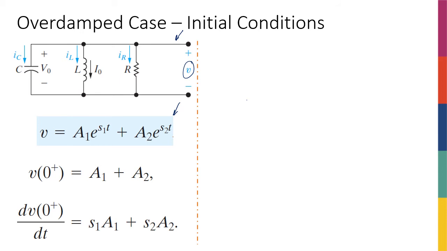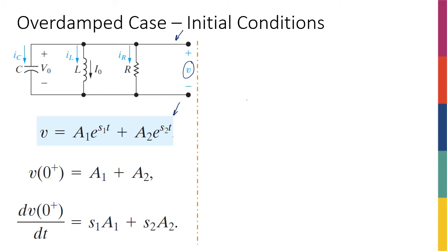Why did we discuss so much what kind of roots we're going to have for S1 and S2? Depending on whether S1 and S2 are real and distinct, real and equal, or complex numbers, we're going to have different situations in this expression. So let's consider these situations one by one.